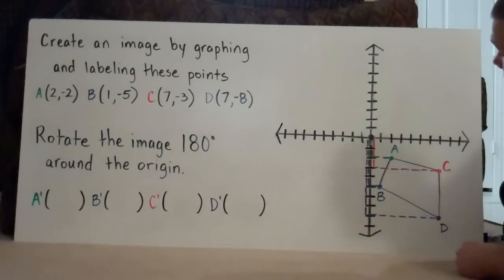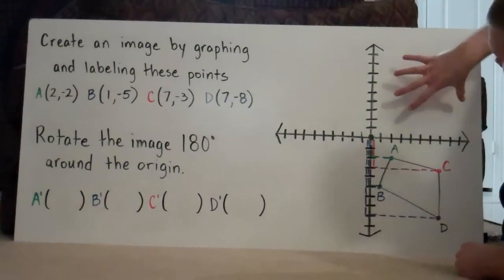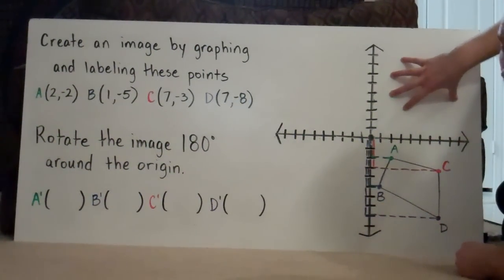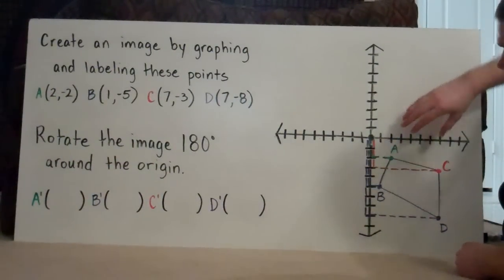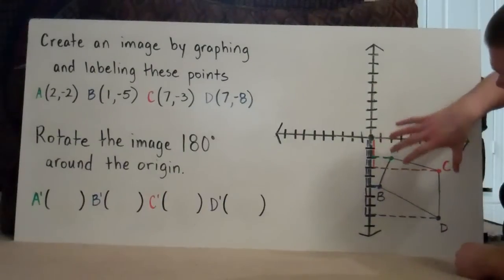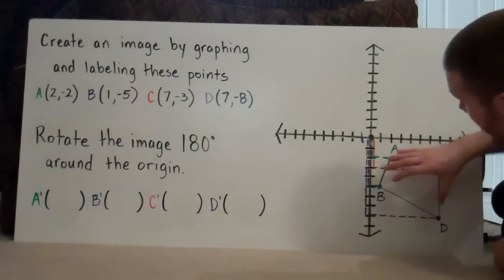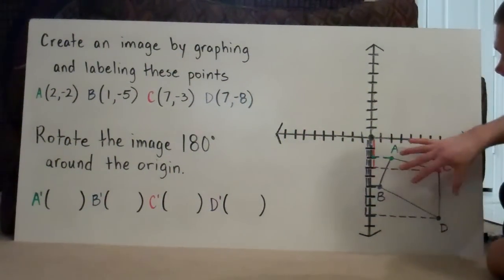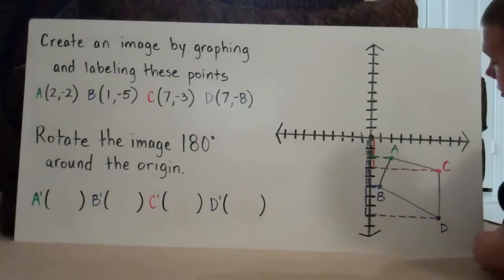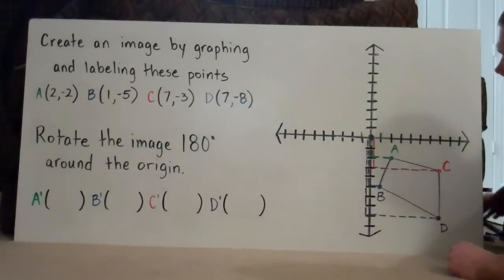If it was 90 degrees, it would just be in the next quadrant. If it was clockwise 90 degrees, we'd be moving this figure into that quadrant. But we're going to rotate this figure 180 degrees. So notice what I've done here, class.